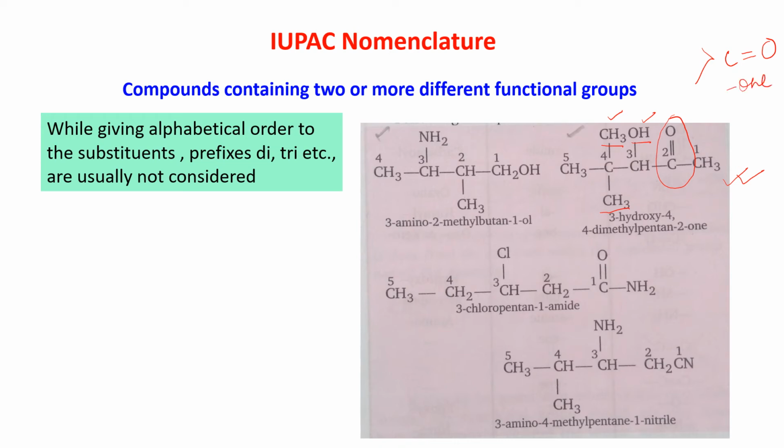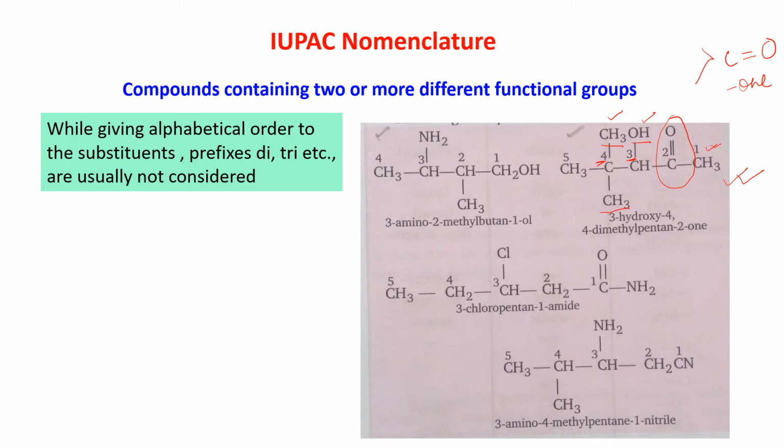So it will get the least numbering. So the numbering will start from here, 1, 2, 3, 4, 5, from right to left. So if the numbering is from right to left in that way, OH is getting number 3, and both the methyl groups are getting number 4.